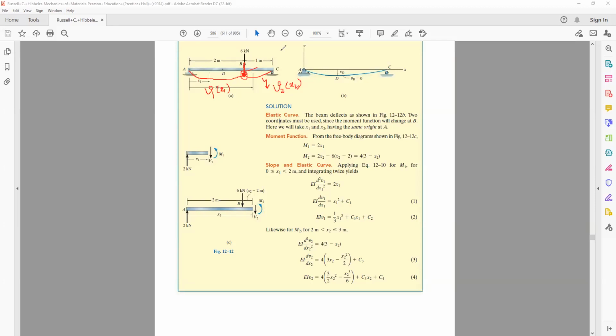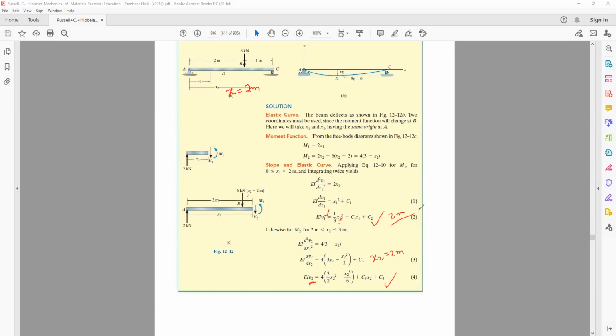There is a question that is quite important for us: at x equal to 2 meter, this equation gives us the deflection when x is equal to x1 equal to 2 meter, and this equation gives us the deflection when x2 is equal to 2 meter. So we have two equations that give us the value of the deflection at x equal to 2 meter.